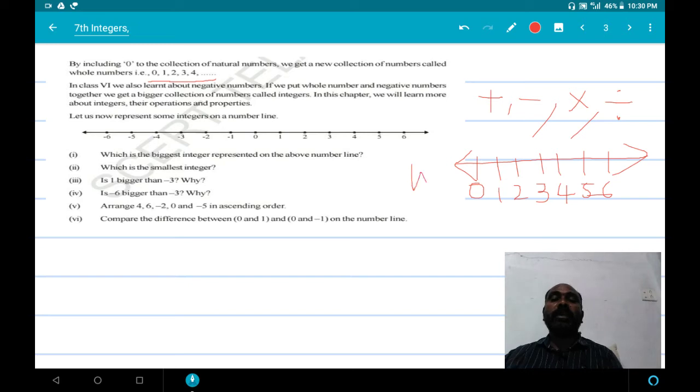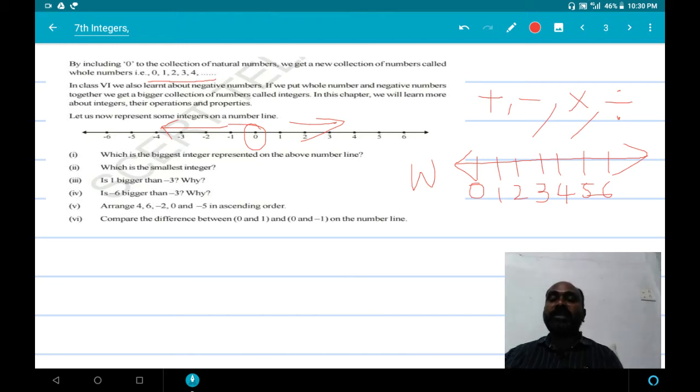These are all the numbers. Here for integers, 0, positive numbers increase to the right side, and negative numbers decrease to the left side.